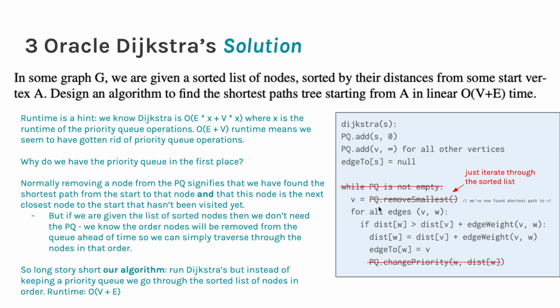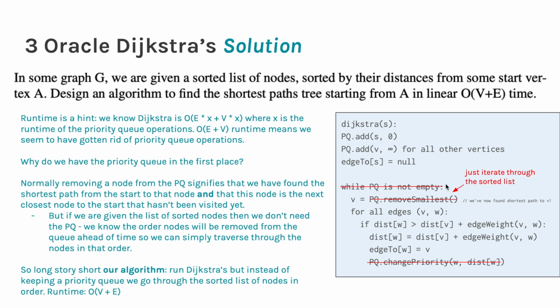And then the next iteration, you remove the next shortest path node. But if you're already given the list of sorted nodes to start with, then we actually don't need the priority queue because we know the order that the nodes will be removed from the priority queue if we were to have it. So we know that information ahead of time. So instead, we could just iterate through the nodes from the sorted list as if we pop them from some imaginary priority queue, right?